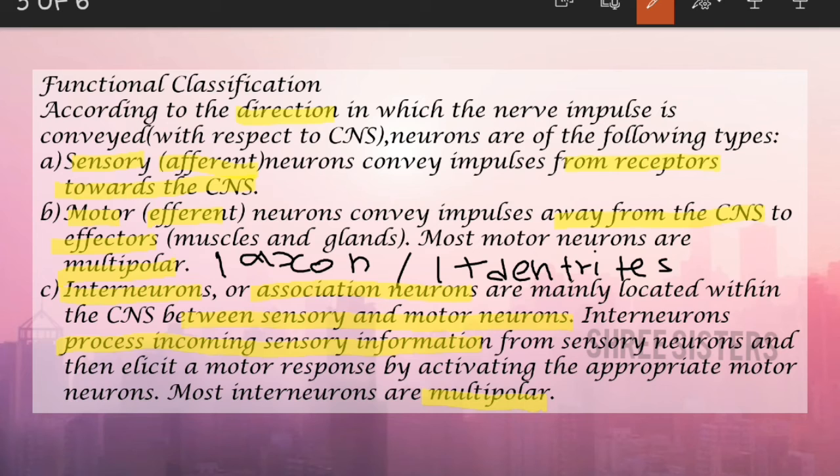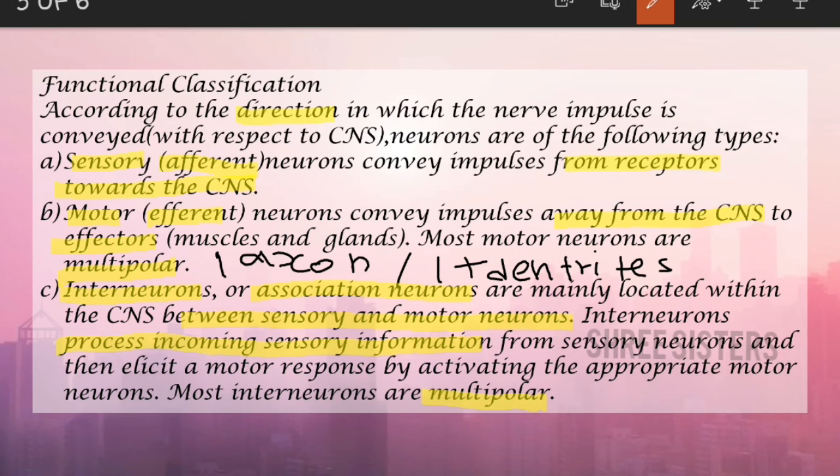First the sensory neurons will bring them the message. You have to do this action particularly or something like that. So the interneurons will recognize and process the information, what body part should I move, and they will send the respective motor neurons to guide the response, to activate the appropriate response.